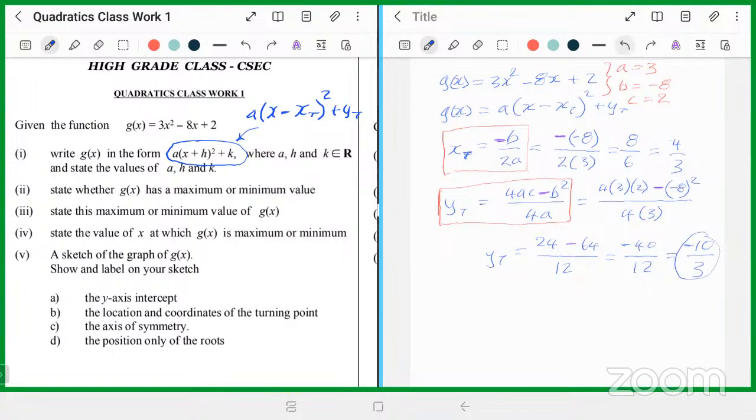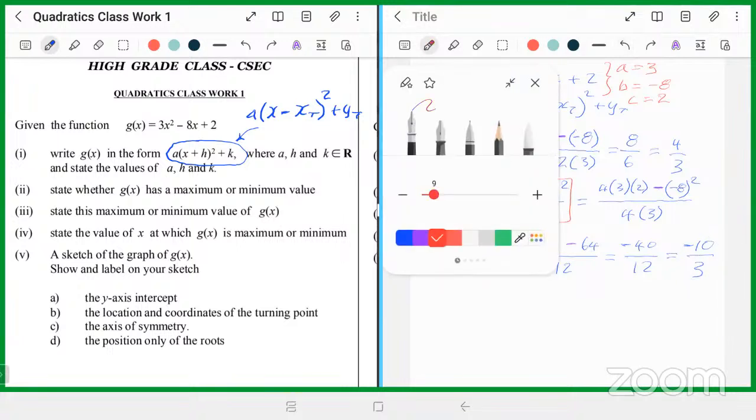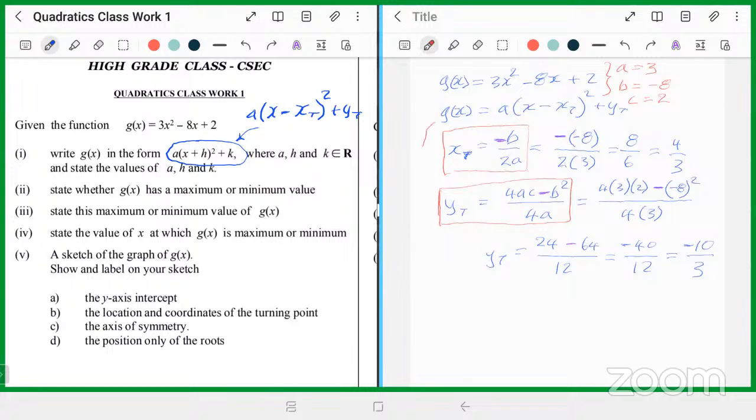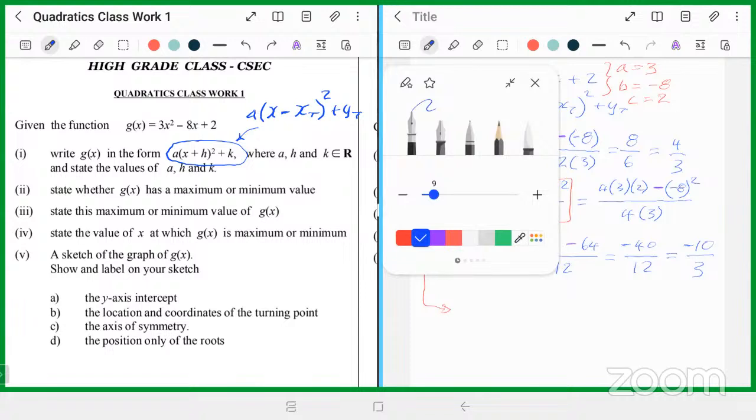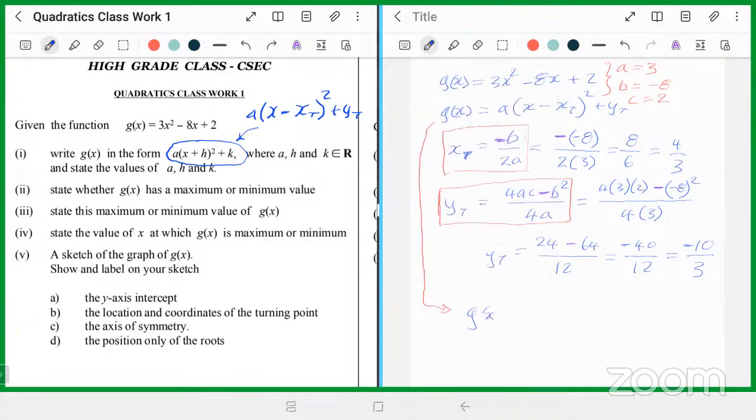All right, so now that we have those, we can then write our expression. This expression here becomes g of x, becomes equal to the a. The a, remember, is 3, bracket x minus, that's x minus, and the xt is this 4 over 3. 4 over 3.